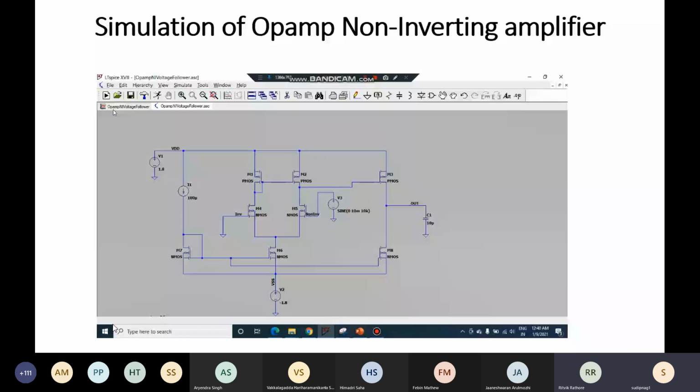The Miller capacitance will give you one first order pole, and your remaining MOSFETs will possibly contribute to the second pole. Combined together, it becomes a second order or even higher order system. So the dominating pole depends on the value of your Miller capacitance.